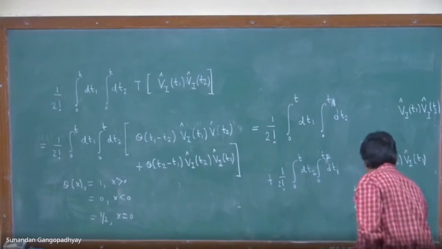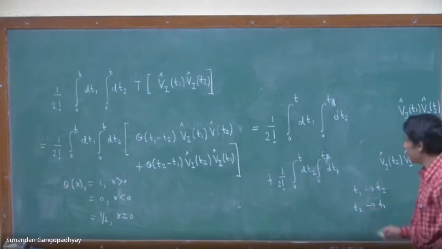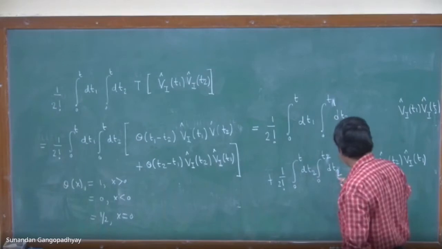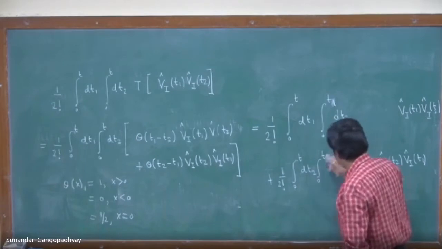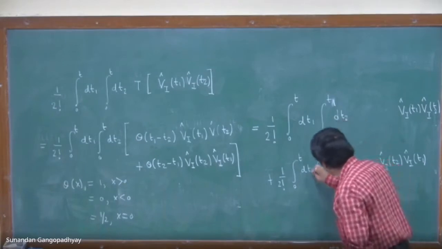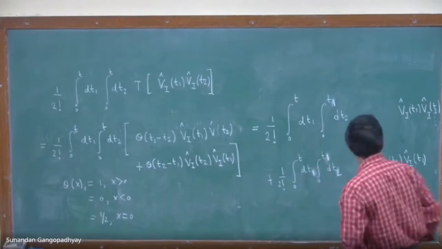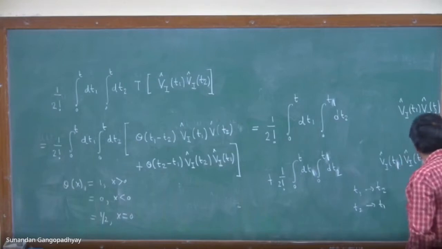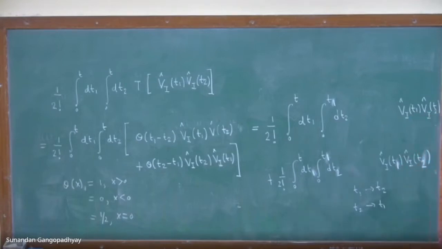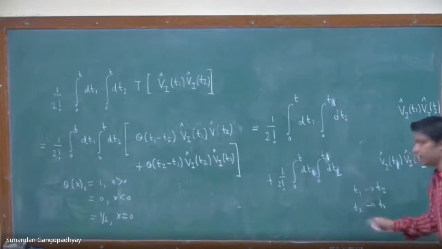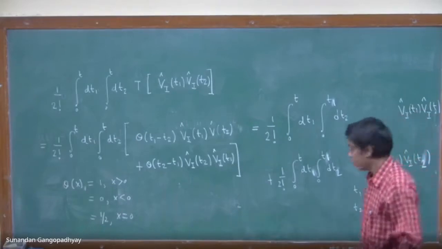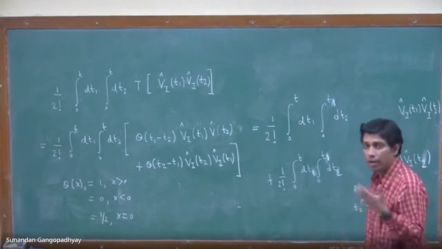If you do that change, because these are dummies, t1 will get replaced by t2, and t2 will get replaced by t1. Similarly here, t2 gets replaced by t1, and t1 gets replaced by t2, just by making this transformation. Because the variables t1 and t2 are integration variables, you can call t1 as t2 and call t2 as t1. Nothing will change.